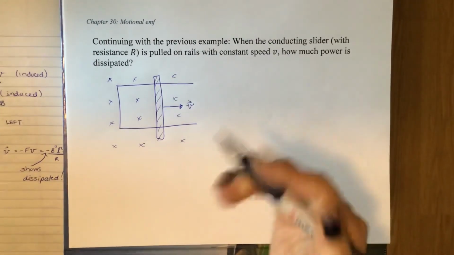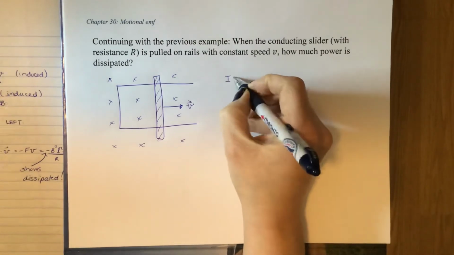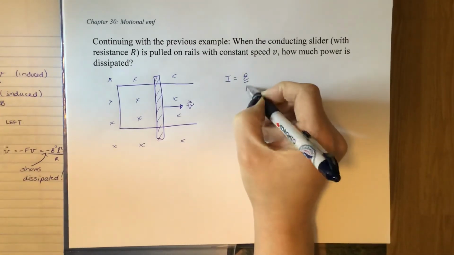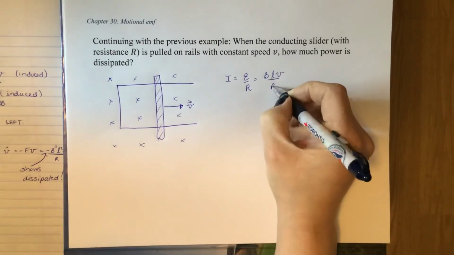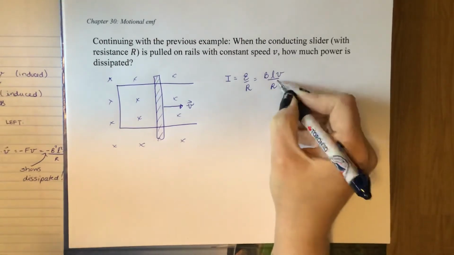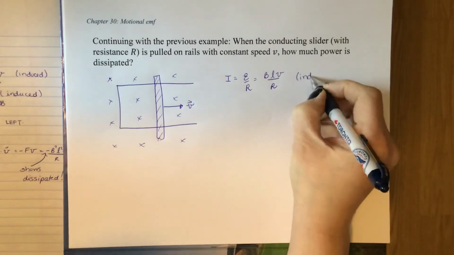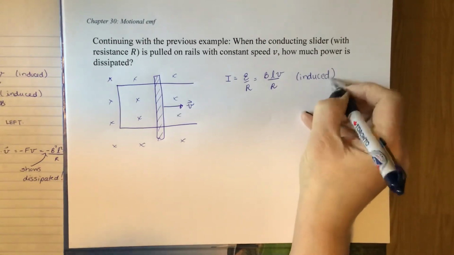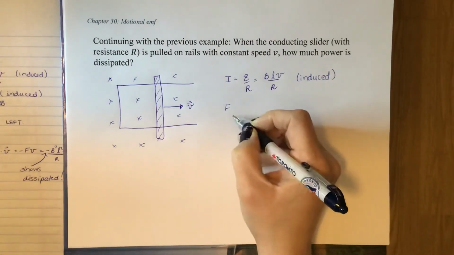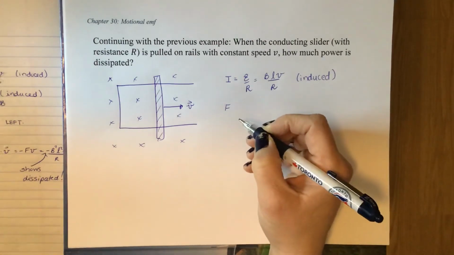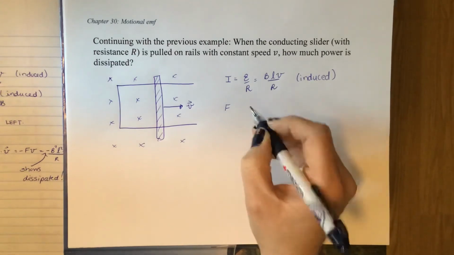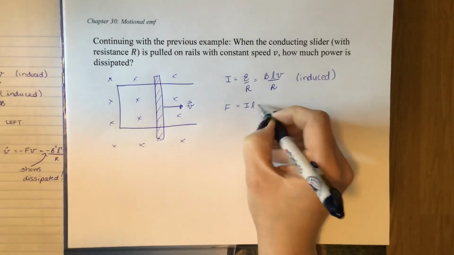Let's think about all the things we know so far. The current was the potential divided by the resistance, where the potential was BLV. This is our induced current in the circuit. Our induced magnetic force is IL cross B. Everything's perpendicular, so ILB sine theta, where theta is 90, just gives us ILB.